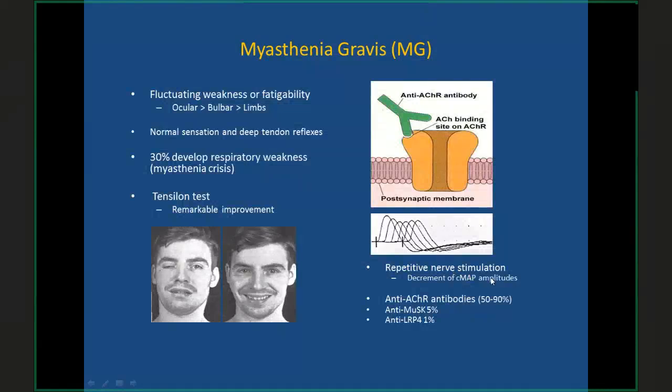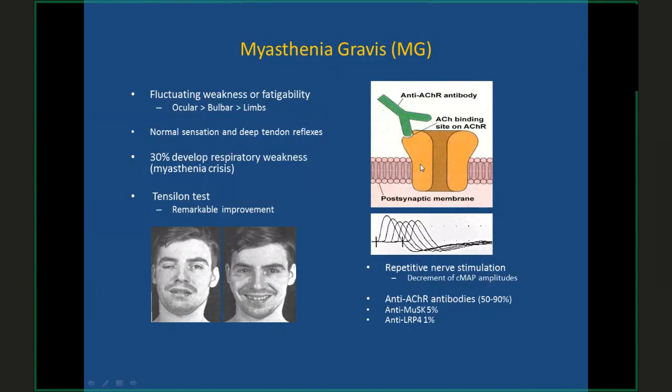Amanda gave a very detailed explanation about repetitive nerve stimulation last week, so I'm not going to repeat it. Basically, in myasthenia gravis you will see a decrement: the amplitude becomes lower after repetitive stimulation of the nerve. Another condition, as we know, is Lambert-Eaton syndrome. In that case, the amplitude actually increases after repetitive stimulation. We call that an increment.